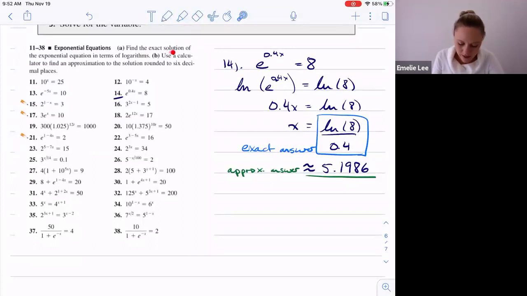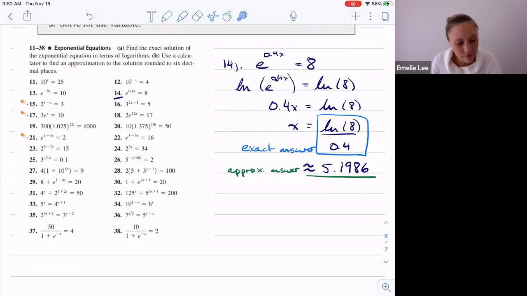So here, find the exact solution, and I didn't even realize that it was asking for both. Often I'll just leave it as the exact answer, and then sometimes I'll ask you for the approximate answer rounded to some number of decimal places. Here rounded to 6 decimal places. I guess I wasn't even paying attention.